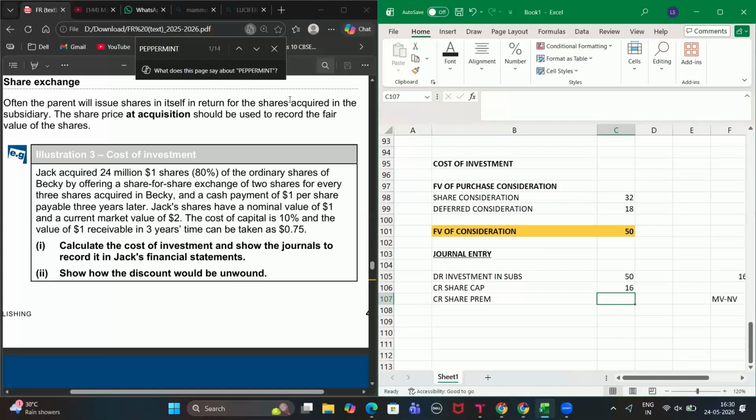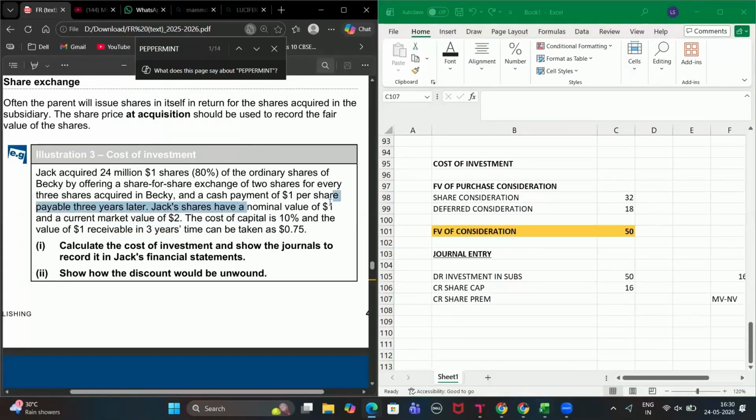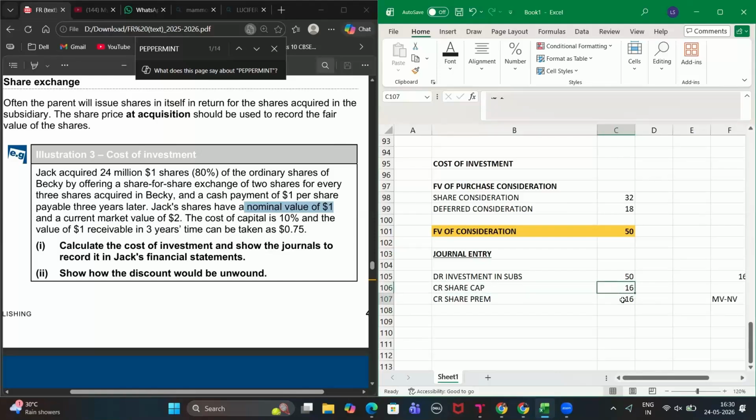The market value is 2. What is the nominal value? 1. So 2 minus 1 is 1. So what will be the share premium? 16 million shares issued multiplied by 1. Is this clear so far, guys?